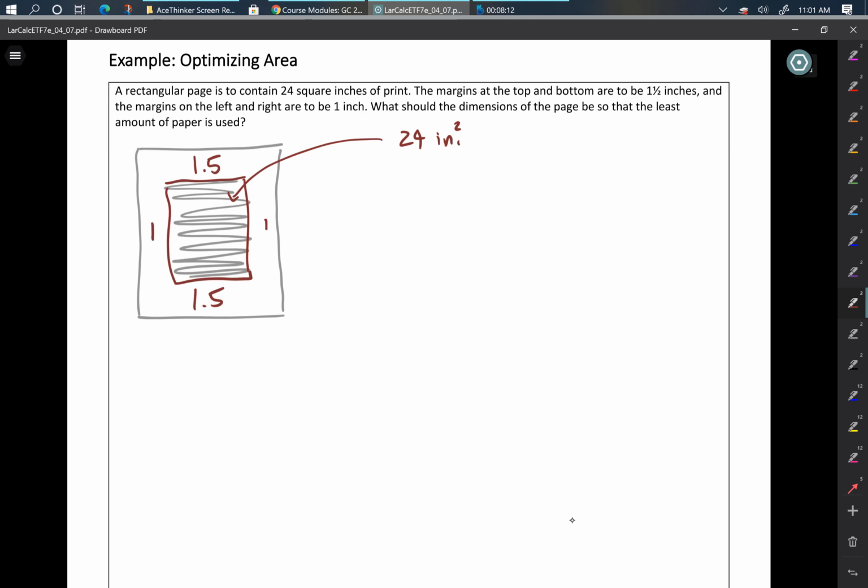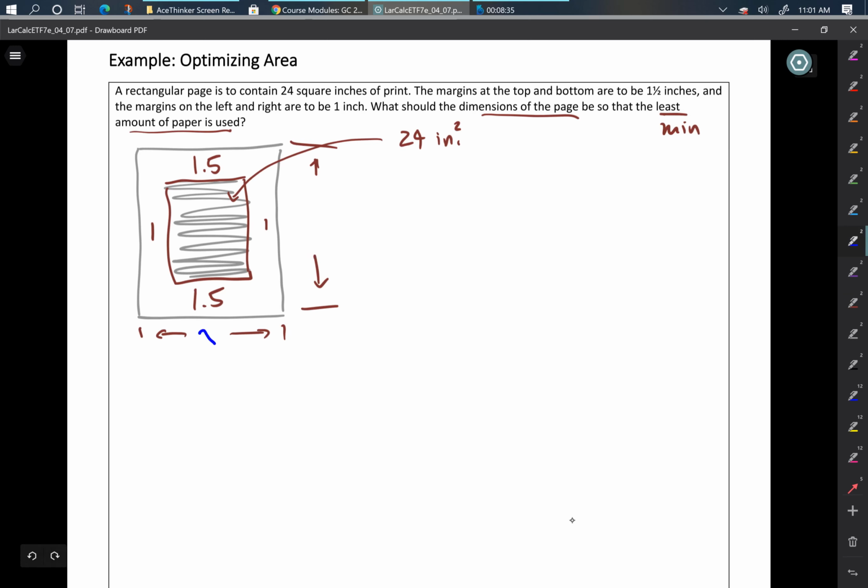And then I want to find the dimensions of the page so the least amount of paper is used. So least amount of paper, that means we're going to minimize something. Okay. So I need to find the dimensions of the page so that the least amount of paper is used. Okay.